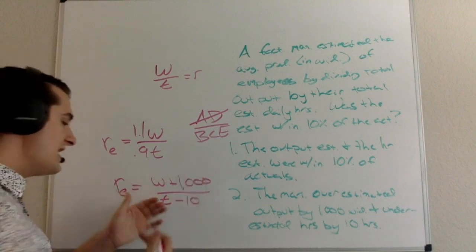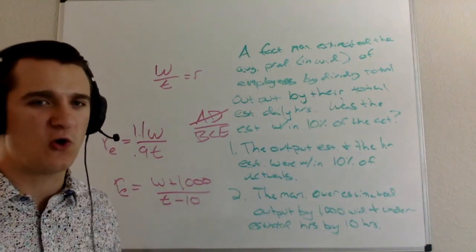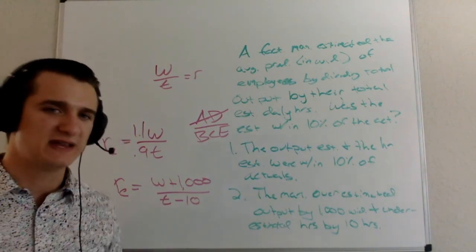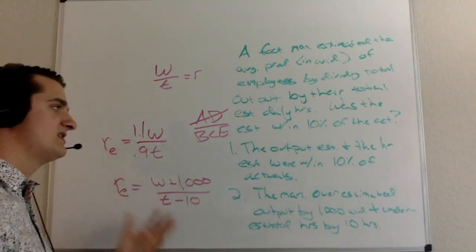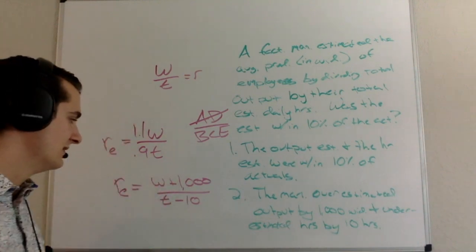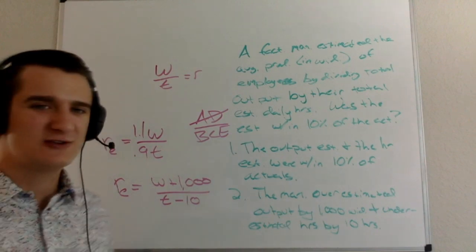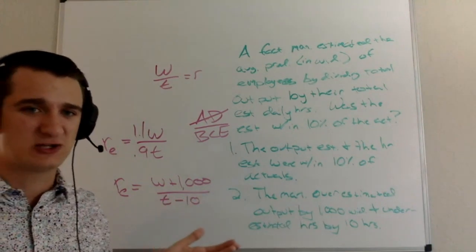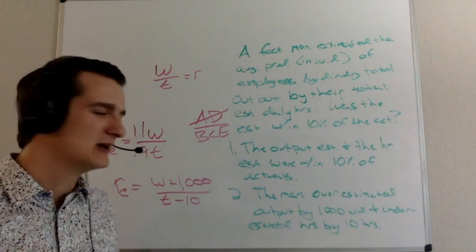That's a change, and that change in terms of percent of the whole, I can't really say if this is within 10% of the actual. Because let's say the actual work was a billion and the time was a billion. Well, then 1,010, those are very small, I'm not very far away from the actual in the grand scheme of things, percentage-wise. I'm not really 10% off, right?